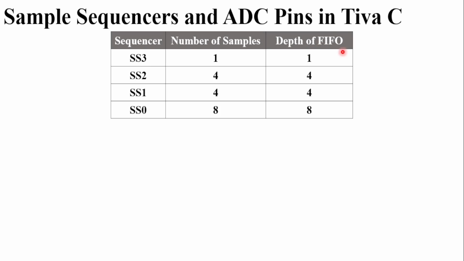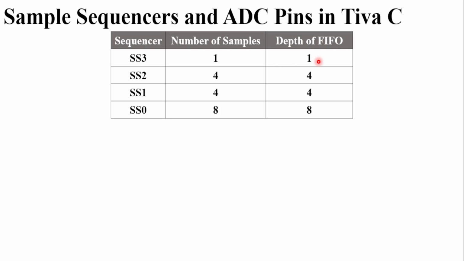And the depth of first in first out registers, or we can say buffers, available in these sample sequencers are as follows. Sample sequencer 0 supports 8 buffer or 8 FIFO registers. Sample sequencer 1 and 2 support 4 FIFO registers or buffers, and sample sequencer 3 supports 1 first in first out buffer.